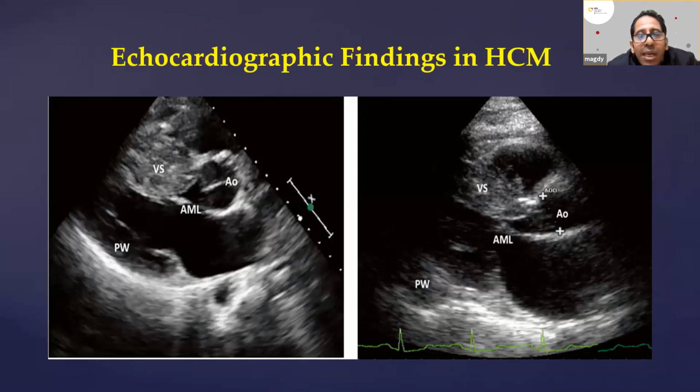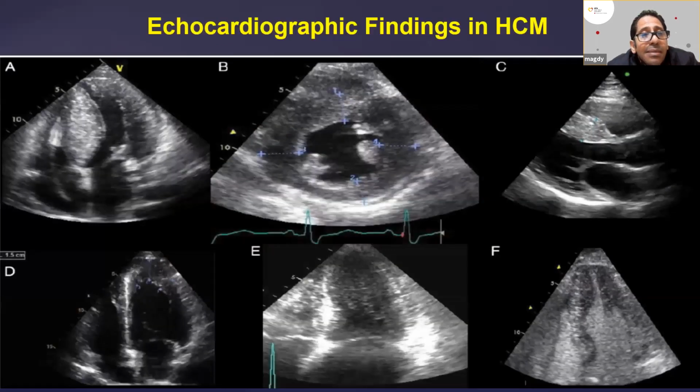And this is the diastolic as well as systolic frame from parasternal long axis view. We can see how much the hypertrophied septum is compared to the posterior wall, and the classic systolic anterior motion, which is correlated with the presence of LVOT gradient, as we know that we have different grades of systolic anterior motion. And these are different examples.